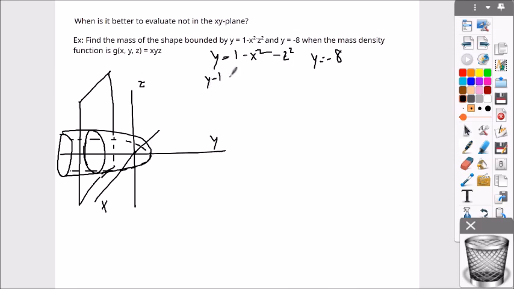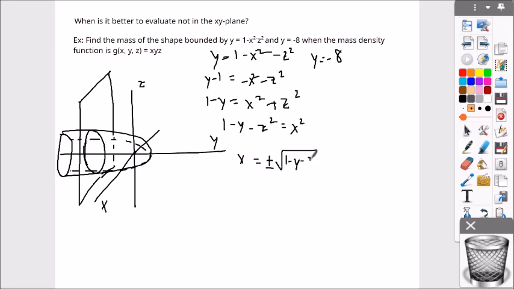Y minus 1 is minus x squared minus z squared. 1 minus y is x squared plus z squared. Same thing for z, you will get the exact same result, just switch x with z. X is equal to plus or minus square root of 1 minus y minus z squared.